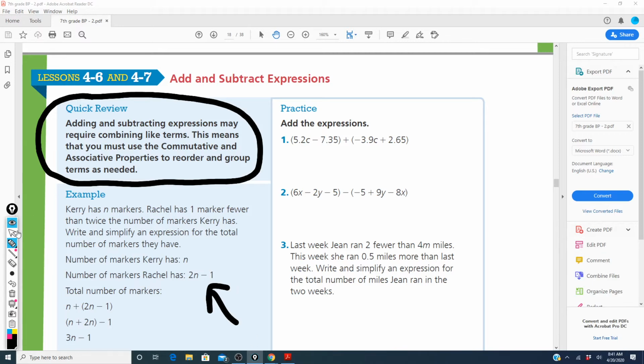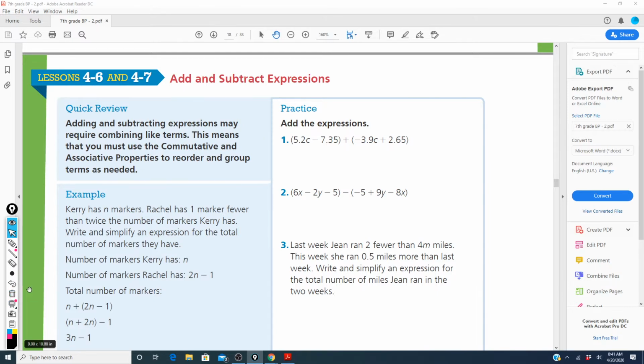Let me clear my screen. Okay. So let's look at number one. We see 5.2c minus 7.35 plus negative 3.9c plus 2.65.